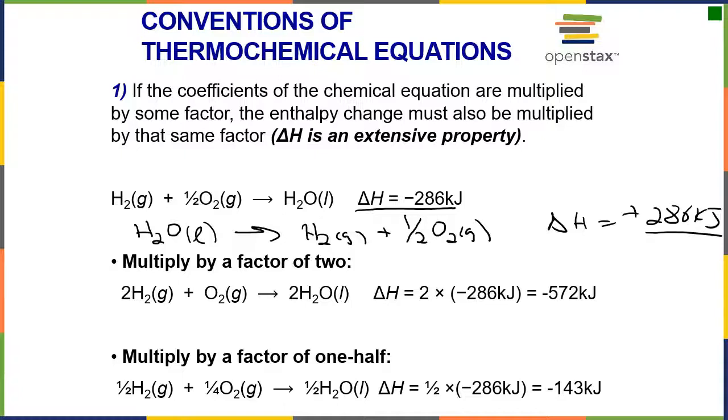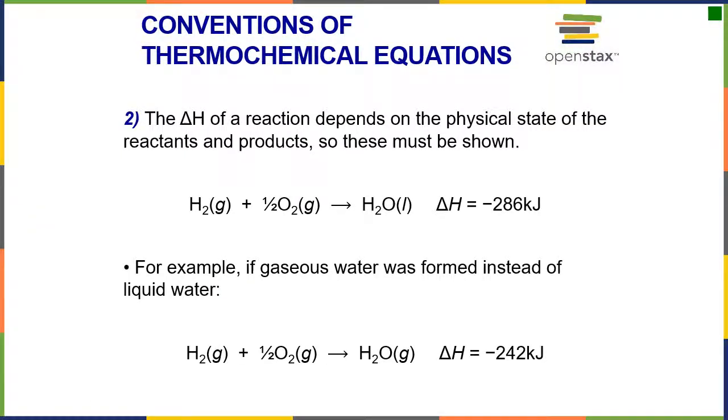If we happen to have more or less of something, so let's say we multiply this reaction by 2, then we multiply the enthalpy by 2. If we want half as much, we would divide the enthalpy by 2. How much heat depends on the physical state, which is why it's a state function. So we have to show which states they are. If we take it to liquid water, it's going to release more heat than if we take hydrogen and oxygen and just go to a gas.